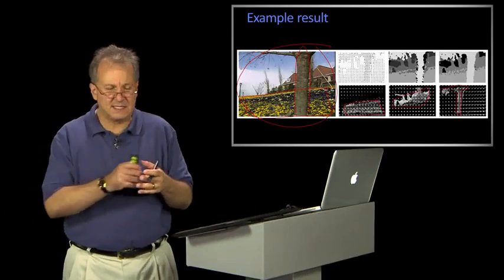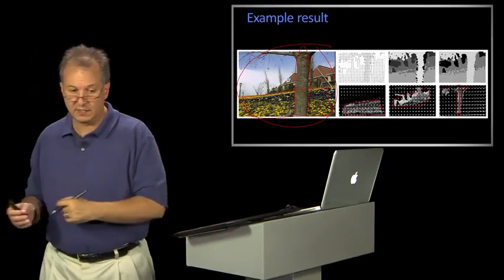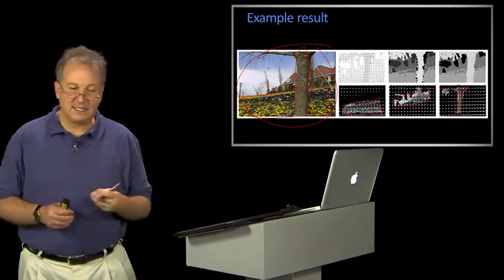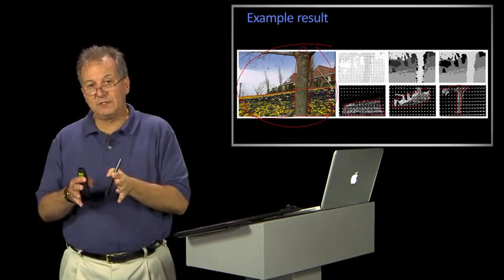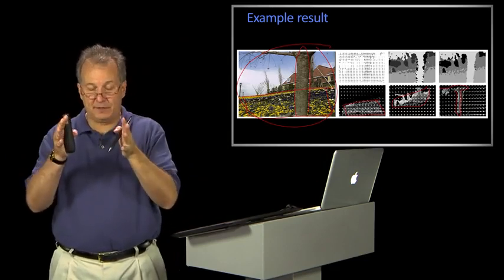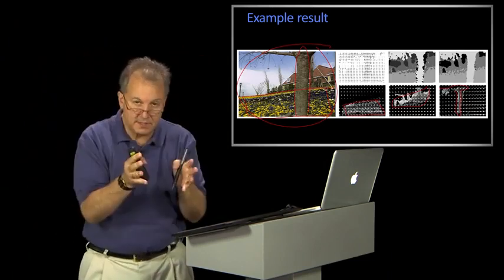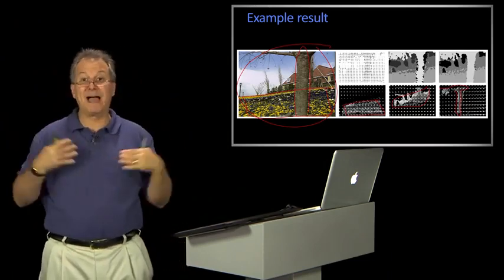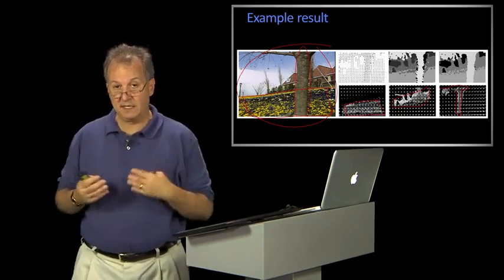At the end of the day, it doesn't tell you that all the points are moving arbitrarily, like Lucas-Kanade does, or even smooth Lucas-Kanade. It doesn't tell you that they're all moving the same way. What it gives you is this broken up image sequence saying this region is moving this way, this region's moving another way, and this background region that's occluded by these regions is moving yet a third way.